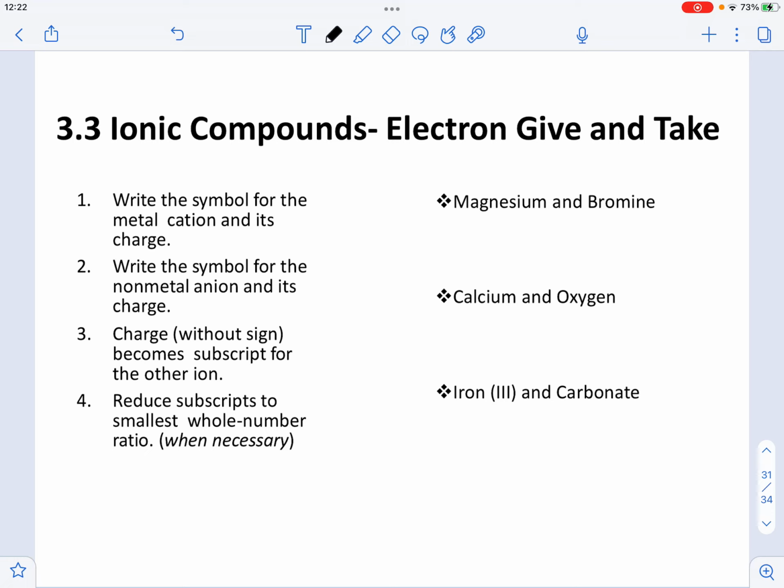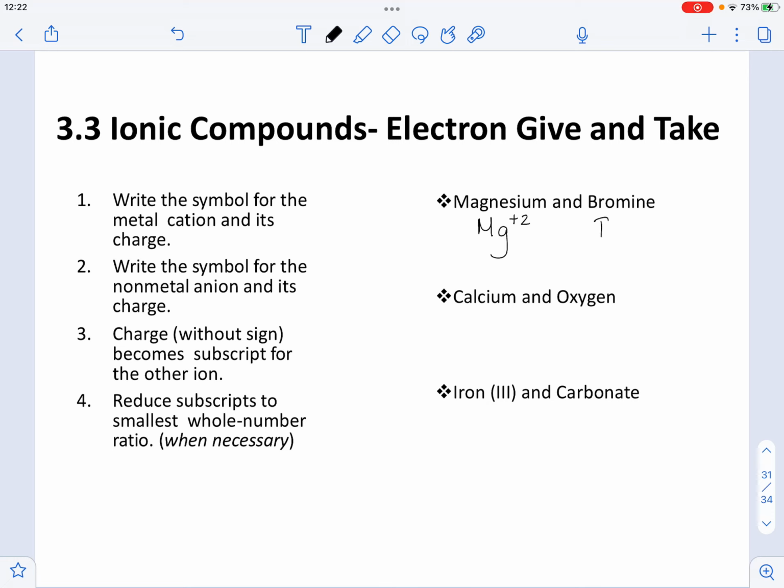As you can see, we're going to write the symbol of the metal cation and its charge. Here we have magnesium. Magnesium has a symbol of Mg, a charge of +2 or 2 plus, whichever way you try to do it, writing +2 or 2 positive, same thing.